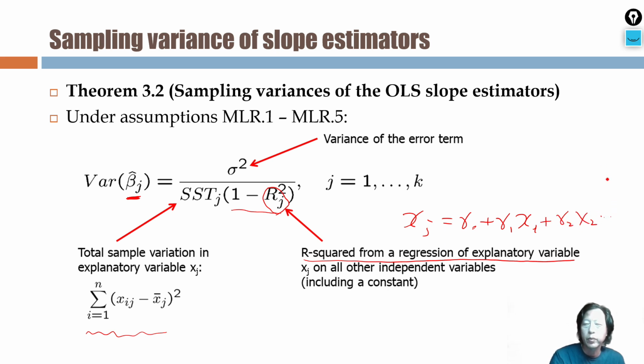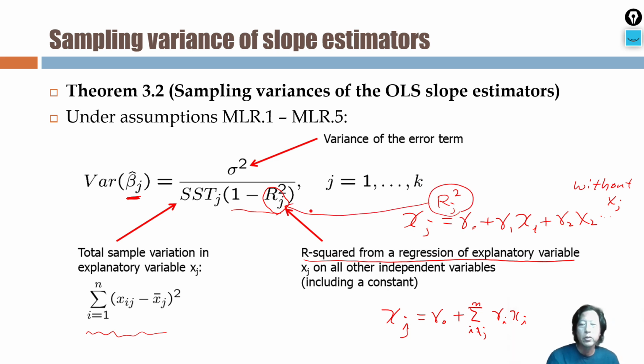Of course, we are not including xj; we just take out one x. More precisely, xj equals the sum over i not equal to j of gamma i times xi.